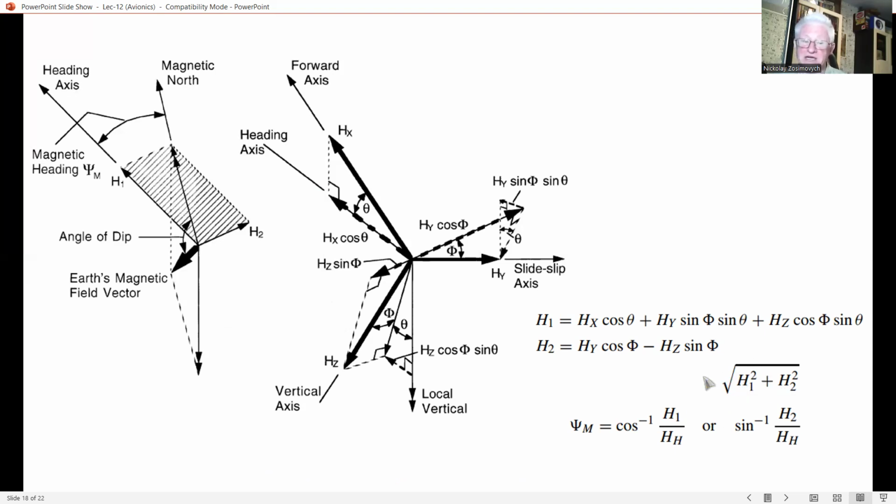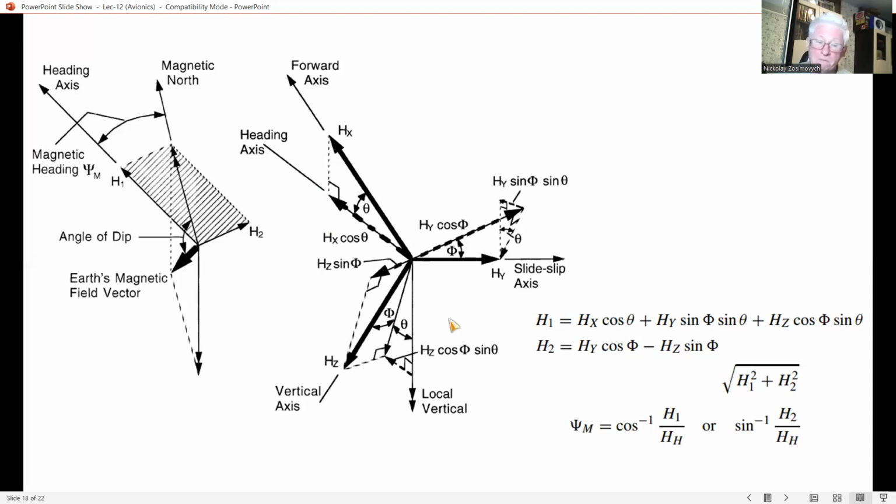The aircraft's magnetic heading psi sub M will be the inverse cosine of H1 over H sub H, or simply the inverse sine of H2 over H sub H. The computational process in deriving the magnetic heading is shown in this figure.